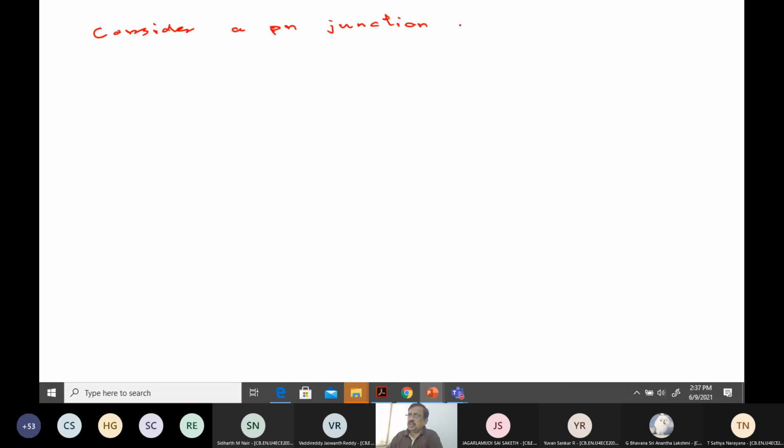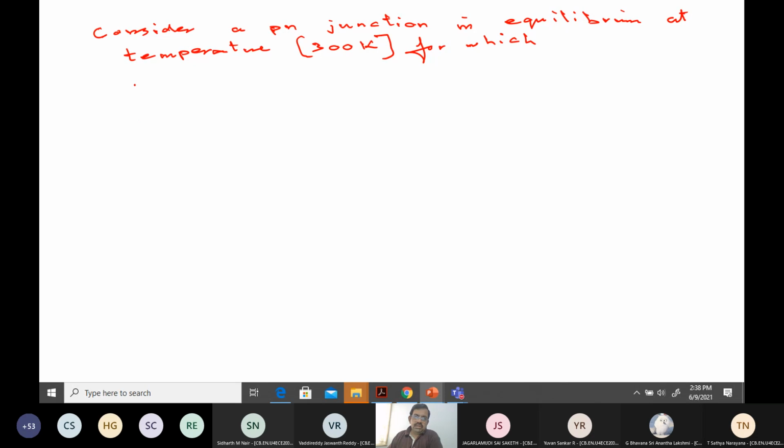I think we may have done this, I'm not sure. In equilibrium at temperature 300 Kelvin, for which the following are given: acceptor impurity concentration Na equal to 10 power 18 per centimeter cube.